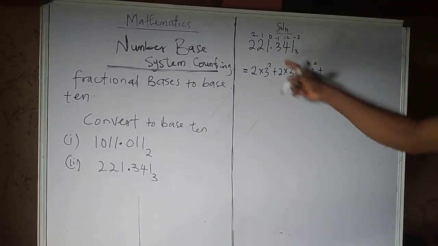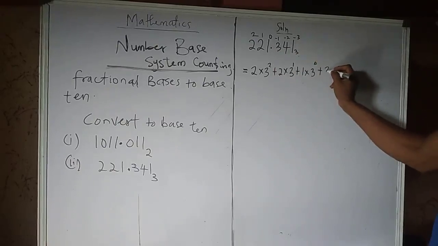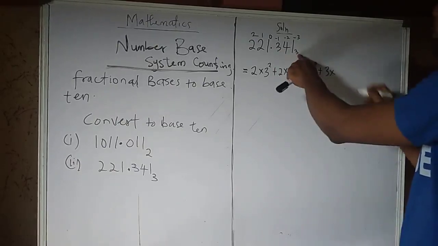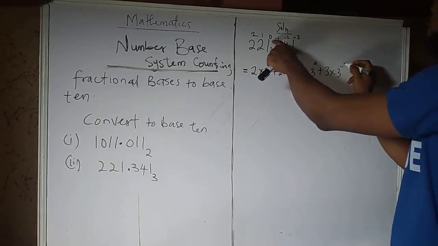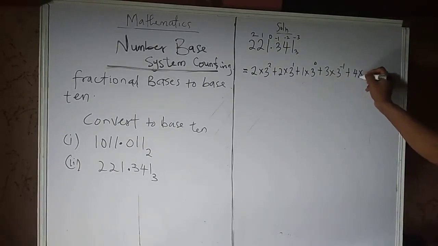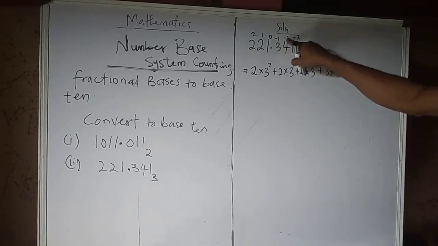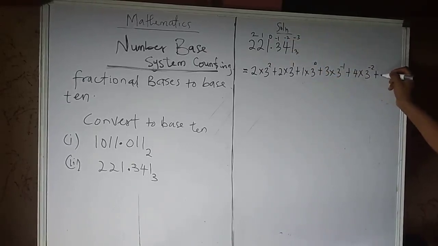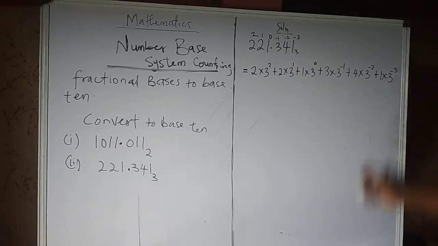Then plus, we are going to the negative side now, 3 times 3 raised to the power of minus 1, plus 4 times 3 raised to the power of minus 2 here. Then plus 1 times 3 raised to the power of minus 3.